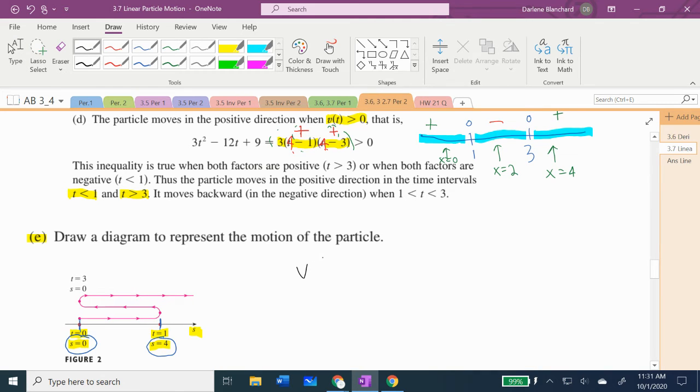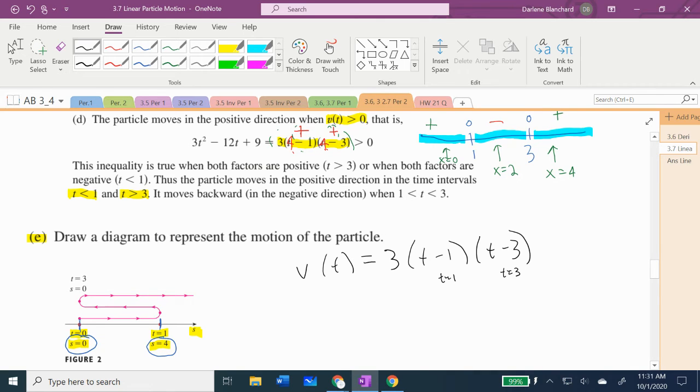My velocity equation in factored form is 3 times t minus 1 multiplied by t minus 3. And actually, I got a little bit of that up here. And I saw that I will go through a direction change at time 1, and I will change direction at time 3. And you can see that they're showing moving in the positive direction from time 0 to time 1.